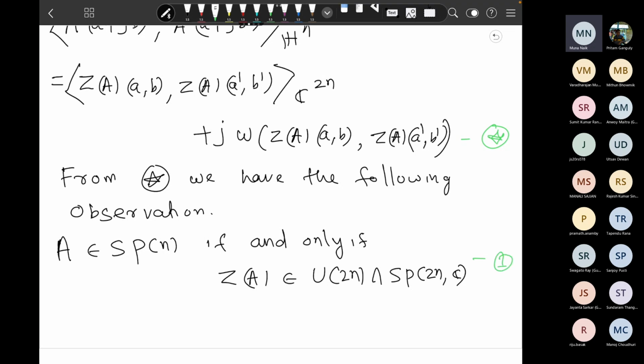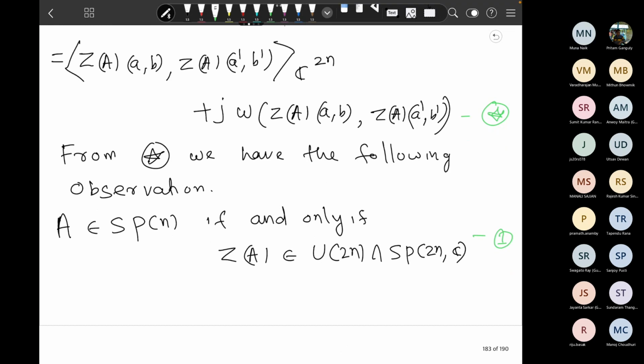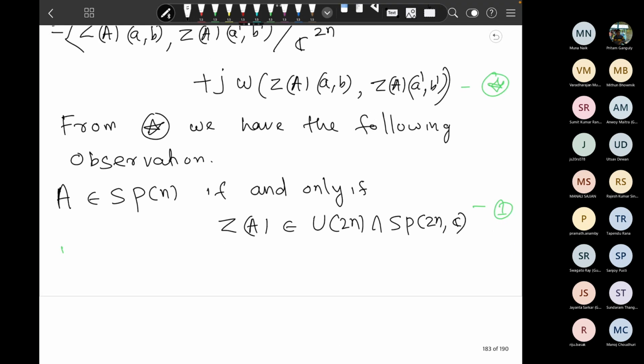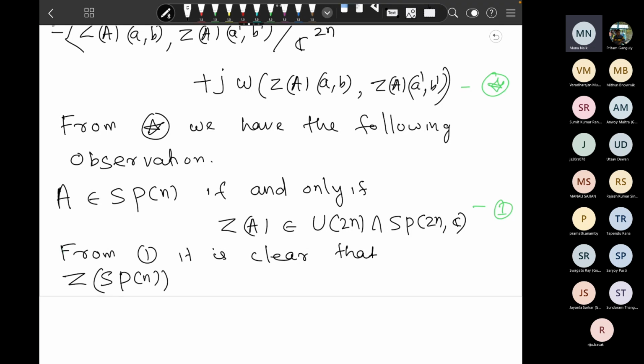So from 1 it is clear that Z of Spn is contained inside U2n intersection Sp2nC.